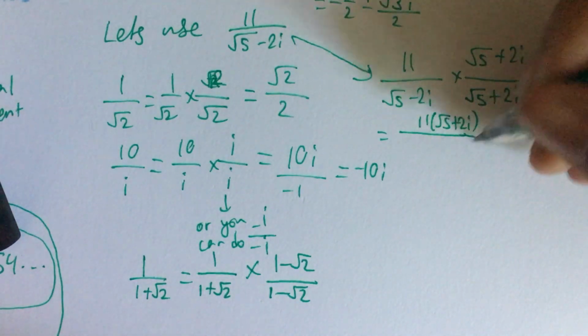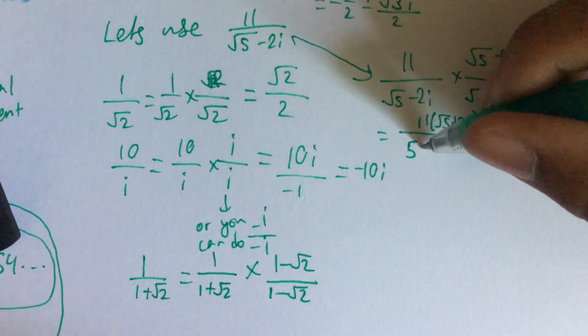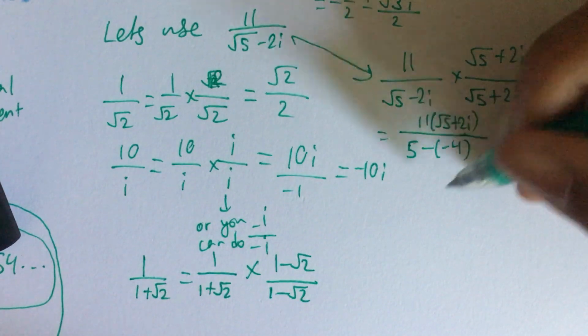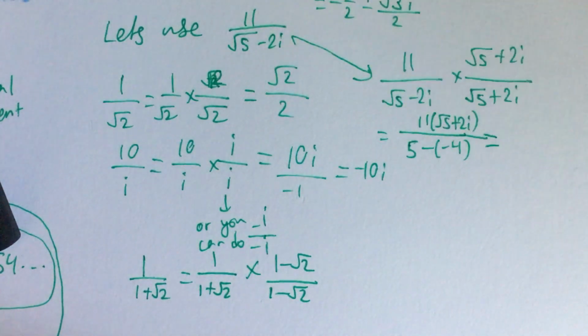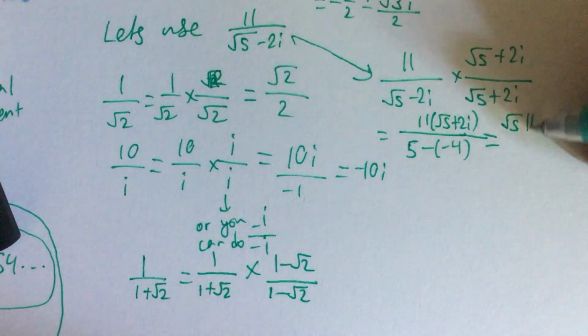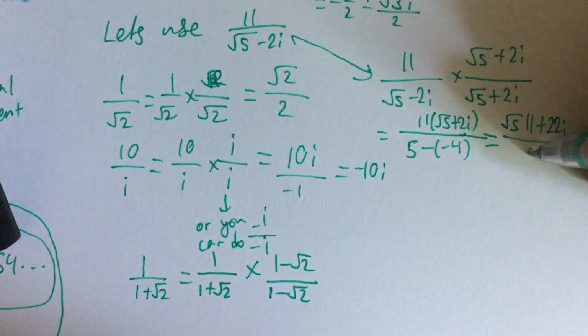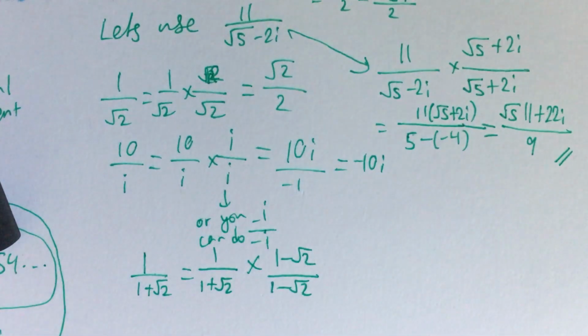You won't get 0, because 1 squared minus i squared is 1 minus -1, which is 2. That doesn't mean you'll always be getting a positive number down there; it can depend.